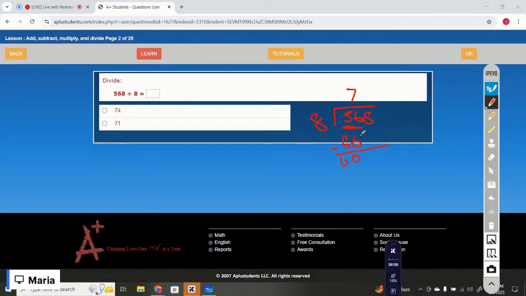56 take away 56 is 0. Bring the next digit down. 8 times 1 is 8. So that is 71. Option number 2 is the correct option.